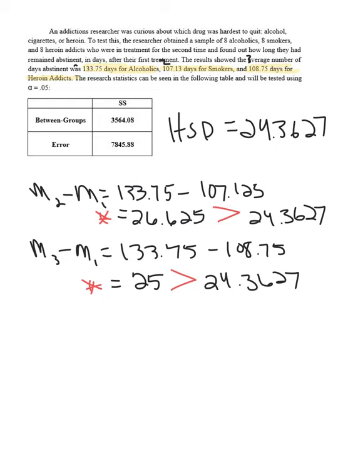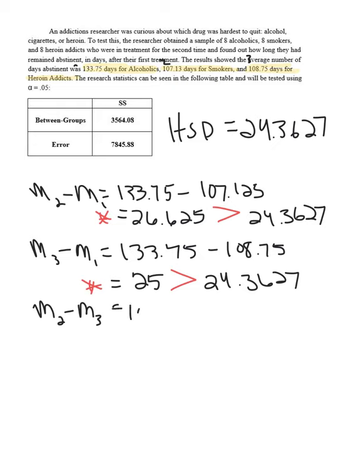Now I'm going to take the last combination, mean 2 minus mean 3. What I do is I always just plot it whichever number is bigger so that there's never negatives, because it's actually the absolute value that you're looking at. So I just take whichever group number is bigger and subtract the smaller one.